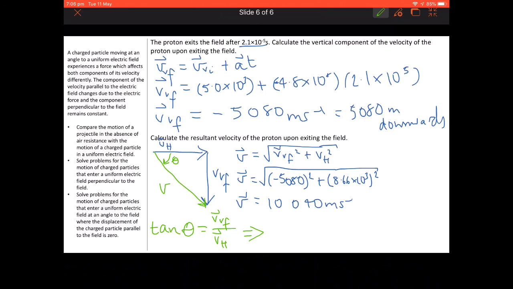Therefore, the angle is going to be equal to the inverse tan of 5,080 over 8.66 by 10 to the 3. This is going to give you 30.4 degrees. So 30.4 degrees clockwise of the horizontal velocity.